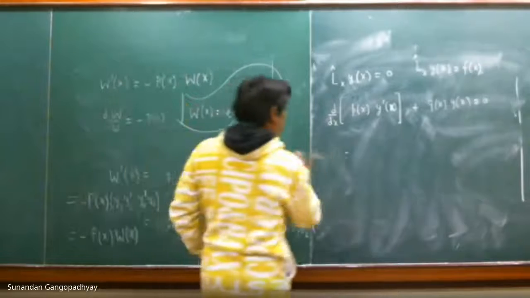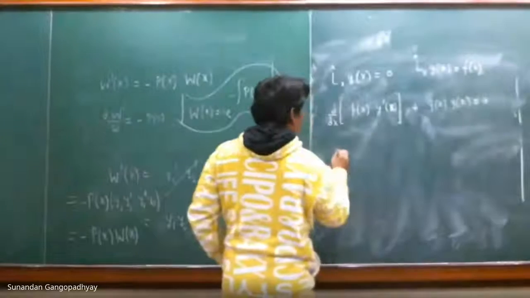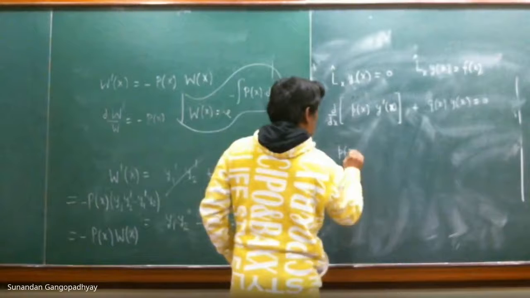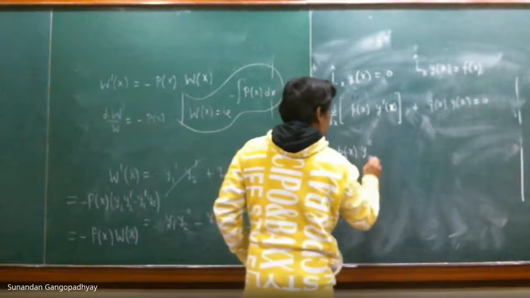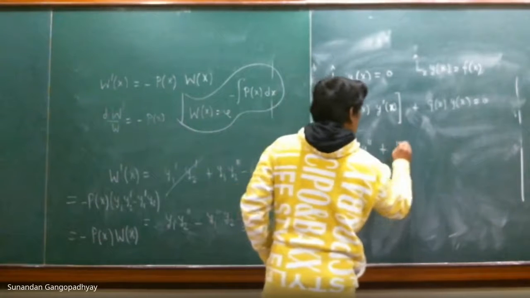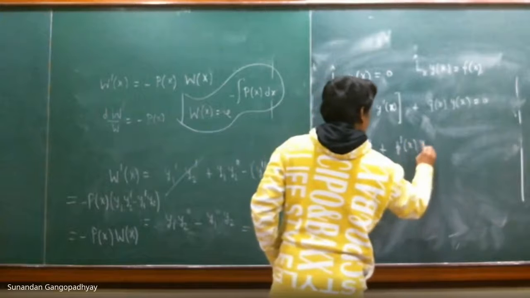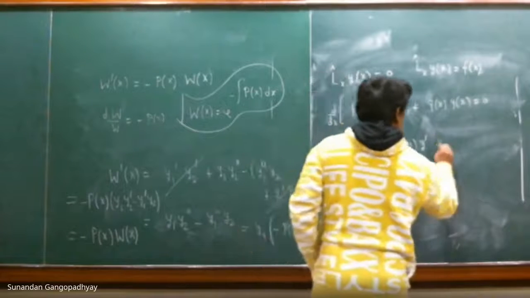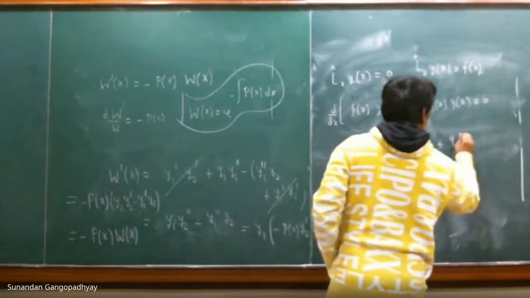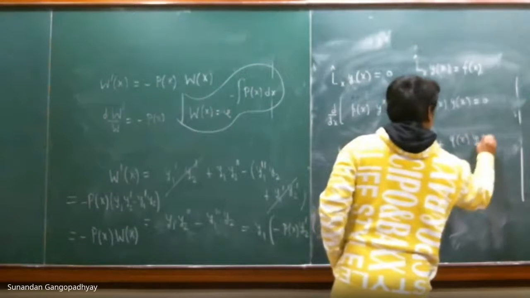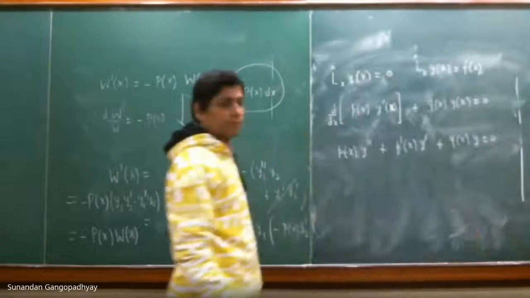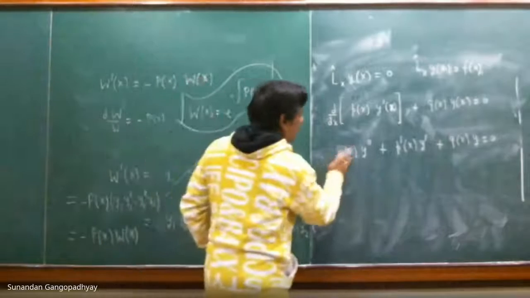If you just work this out, you will get p of x y double prime plus p prime of x y prime plus q of x y is equal to 0. Divide by p of x.